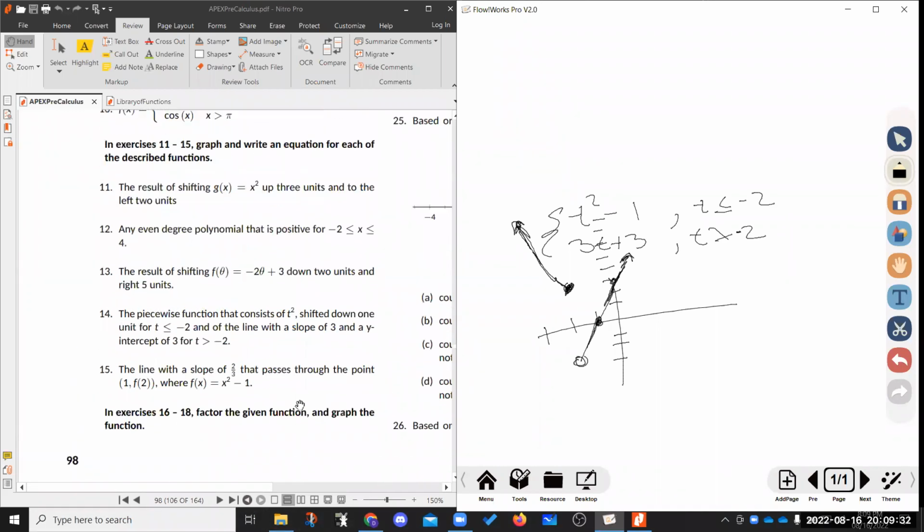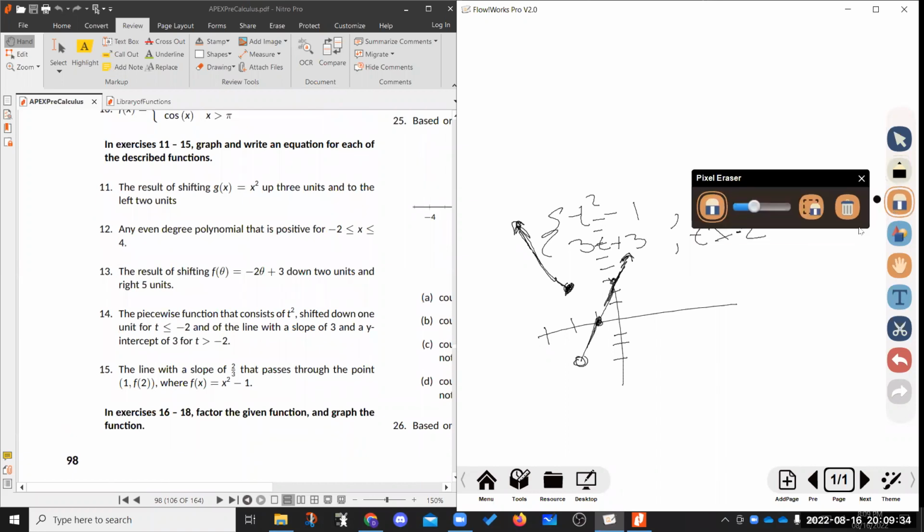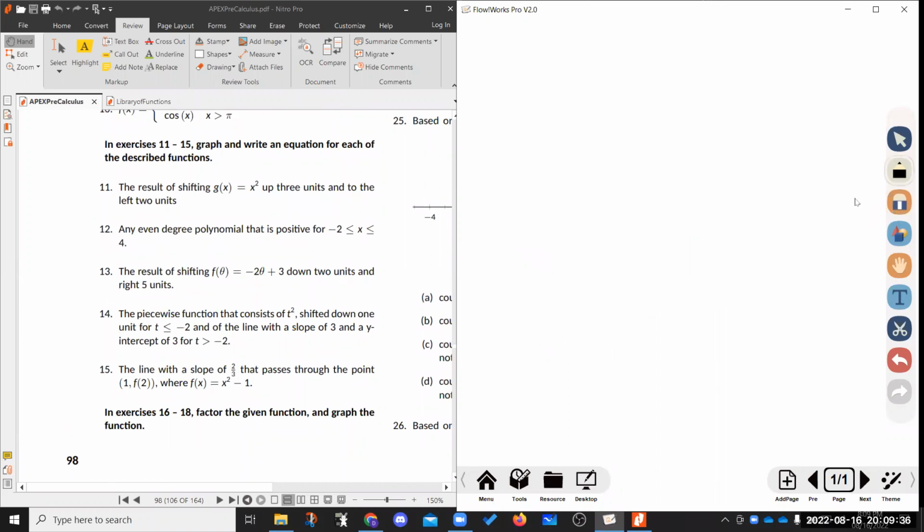Problem number 15. It's going to ask us to draw the line with a slope of 2/3 that passes through the point (1, f of 2), where f of x is equal to x squared minus 1. So f of 2 is going to be equal to 4 minus 1, which is 3. That makes this the point (1, 3).